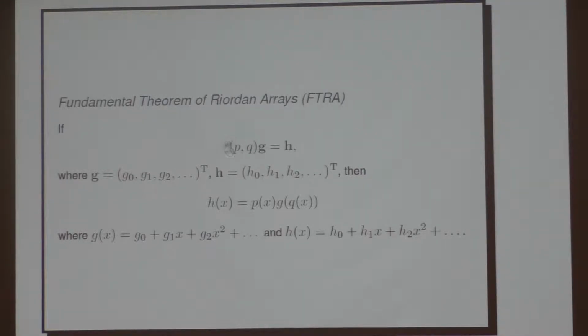We have our Riordan array, this is the matrix, and we multiply it by a column vector, which are the components of the generating function g, and we get, if this relation is true, so the matrix multiplied by this vector gives us another infinite vector h, then it's also true that the generating function corresponding to this sequence h is equal to p times g of q. So we'll see why this is useful very shortly.